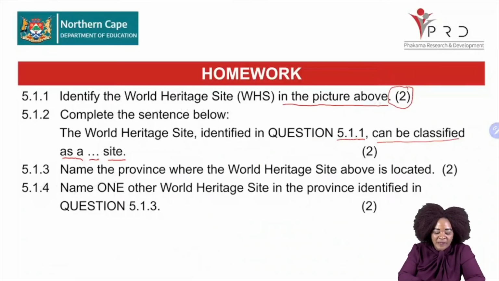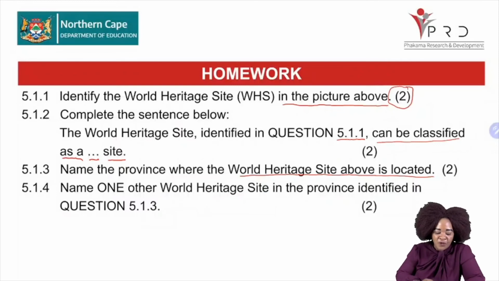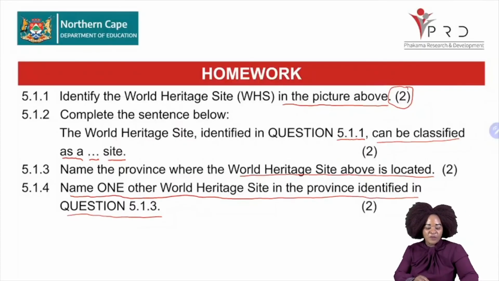5.1.3, name the province where the World Heritage Site above is located. 5.1.4, you must name one other World Heritage Site in the province identified in question 5.1.3.